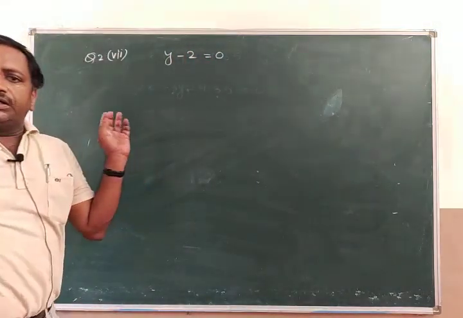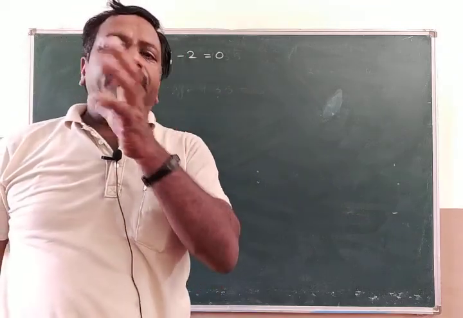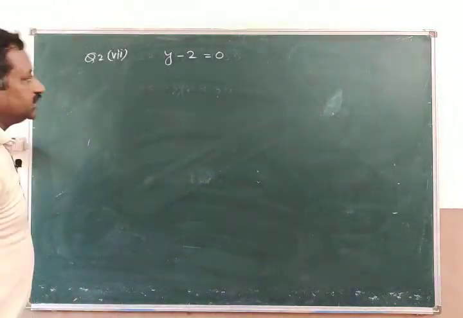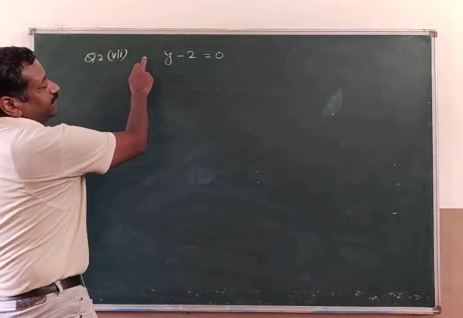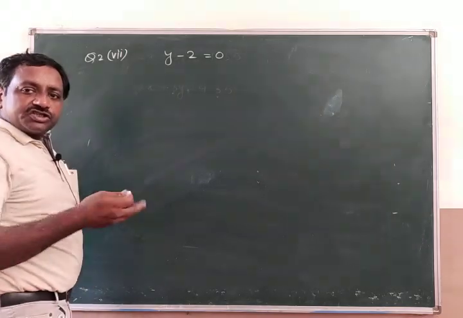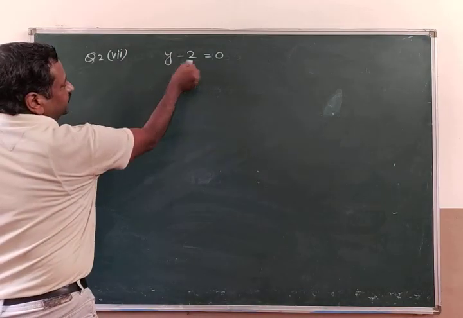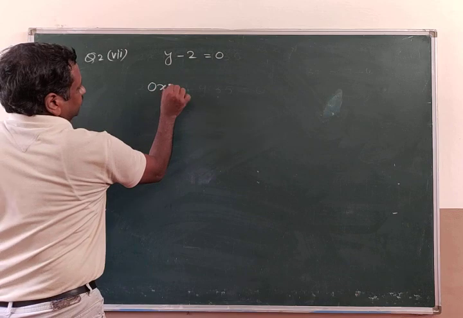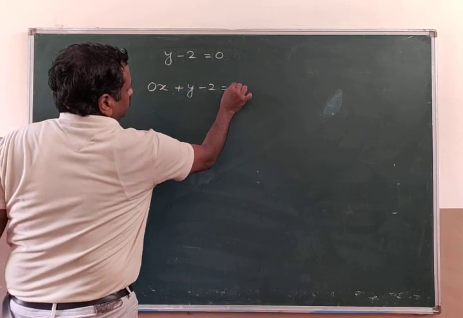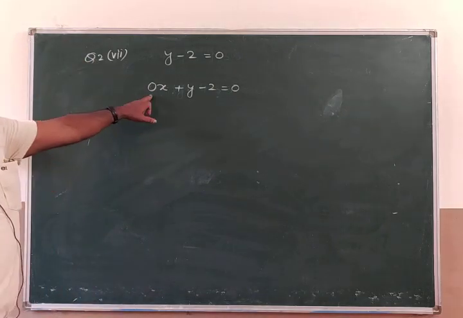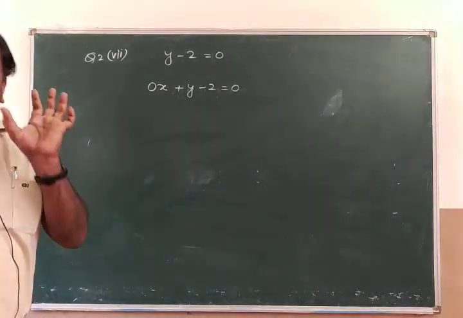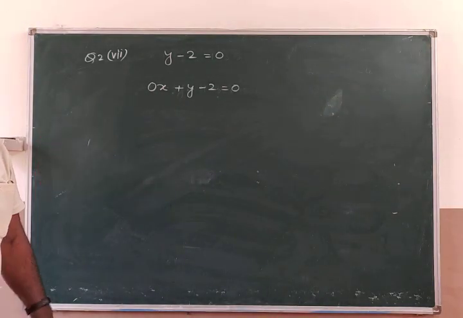Now this is a linear equation with one variable, but how can we convert it into two variables? Whatever variable is missing here, you can write that variable with 0. Like this can be written as 0x plus y minus 2 equal to 0. If x is missing, write 0x. If y is missing, write 0y. You can write 0y anywhere.